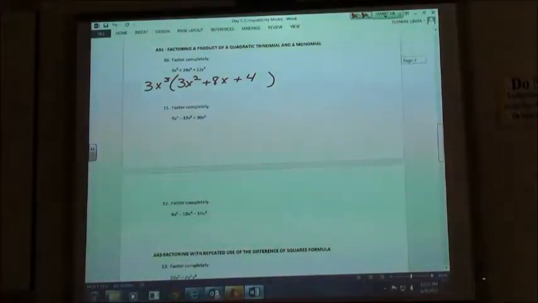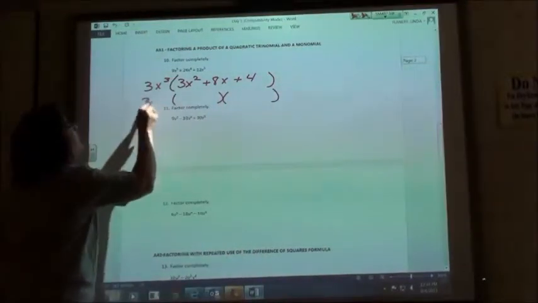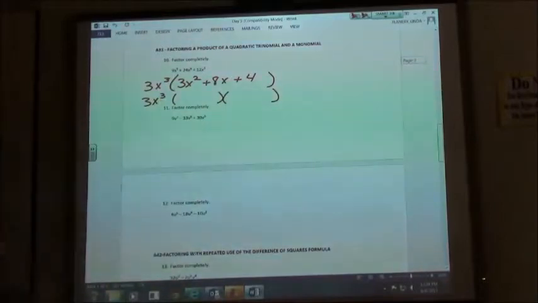Now occasionally on the ALEKS program you will not be able to factor the quadratic expression that's left, but most times, probably 9 times out of 10, you are going to be able to. So then we'll factor again. But you will run into a few that won't factor any farther. Factoring the 3x squared plus 8x plus 4.